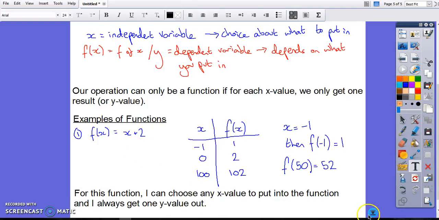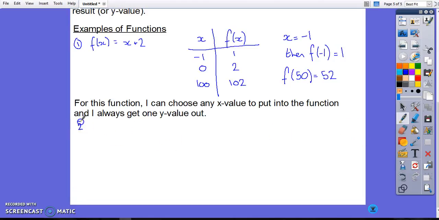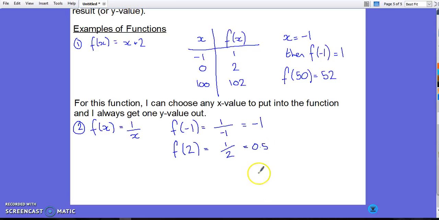For some functions, however, this is not always the case. What about if I took the function f of x is equal to 1 over x? Now this works for certain values. I can say that f of -1 is 1 over -1, which is -1. I could say f of 2 is 1 over 2, which is of course a half, or 0.5.